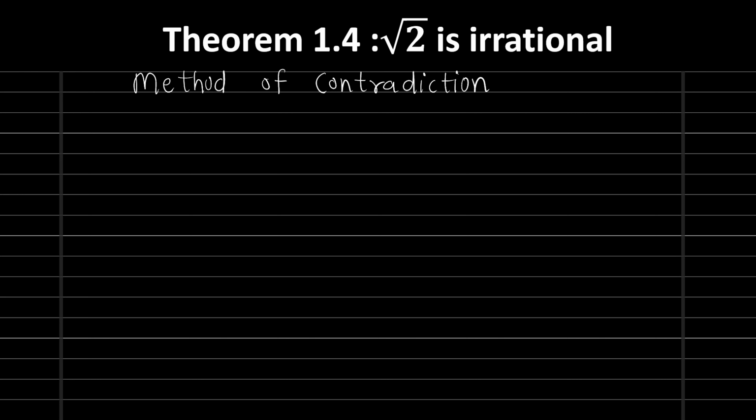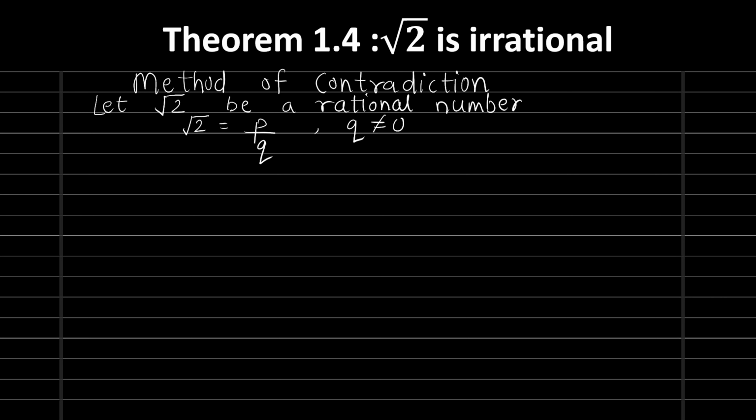Here, let's assume first of all root 2 to be a rational number. We have to prove over here that root 2 is irrational, right? We are starting with a wrong assumption that root 2 is a rational number. So it means that if root 2 is a rational number, you can write root 2 in the form of p upon q, where q is not equal to 0.